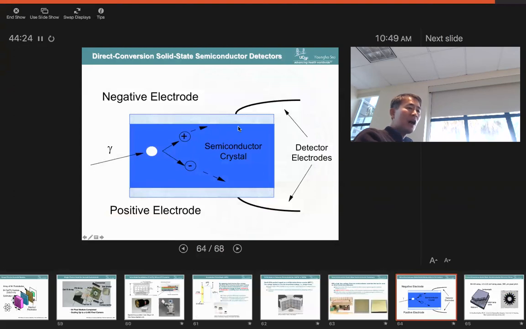If you apply high voltage across it, again the same principle, you can drift the electron hole pair. You can collect those charges by the electrodes. You can just read it out with electronics, right? The simplest operation of a radiation detector.